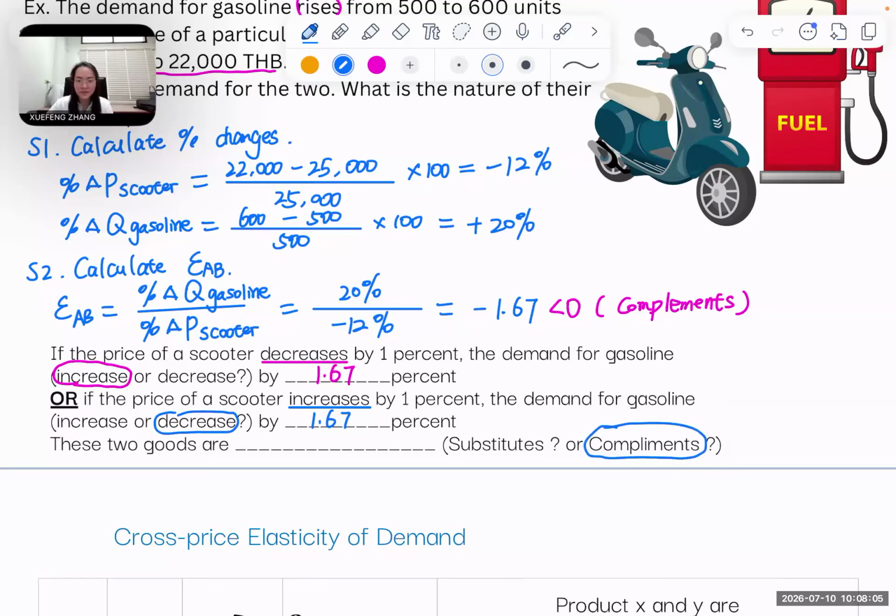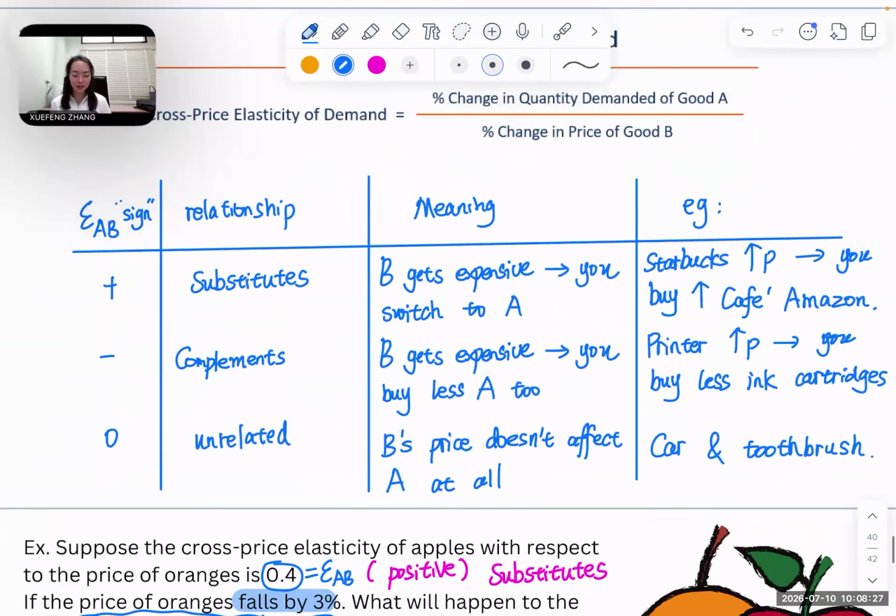Okay? So think about it. Scooter and gasoline are a package deal. You can't use one without the other. Cheaper scooter, more riders, more fuel sold. They move in the same direction. That's what complements do, okay? So check the sign here. Okay, if the sign is negative, so they are complements.